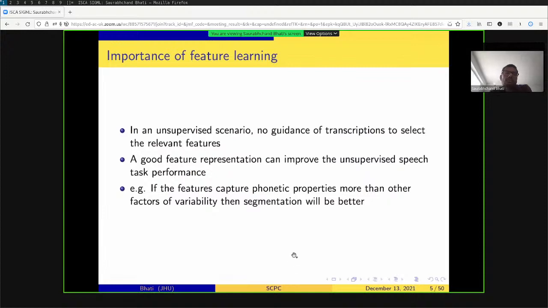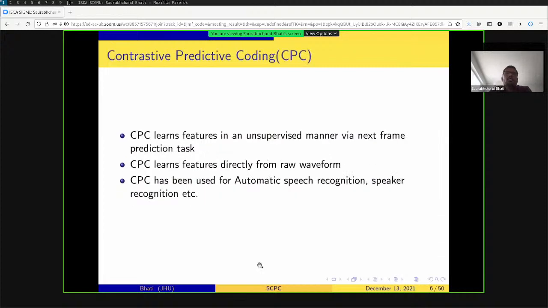And recently that has been the trend. People typically first learn representations and then pass them into unsupervised tasks like phone segmentation, word segmentation, or term discovery. And contrastive predictive coding and other self-supervised methods have been the center of representation learning recently.